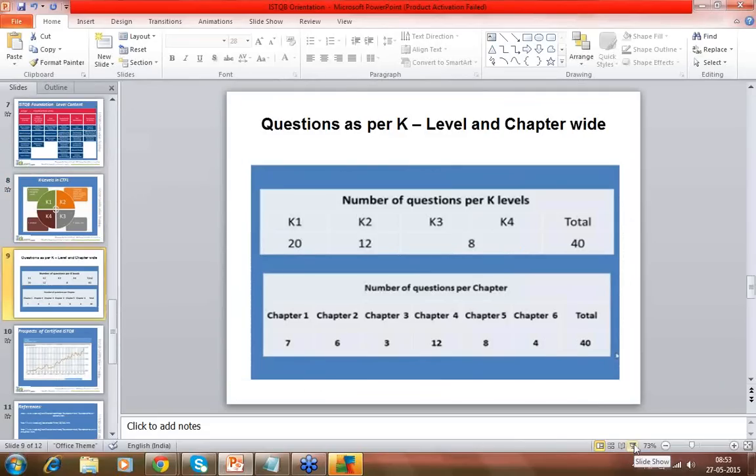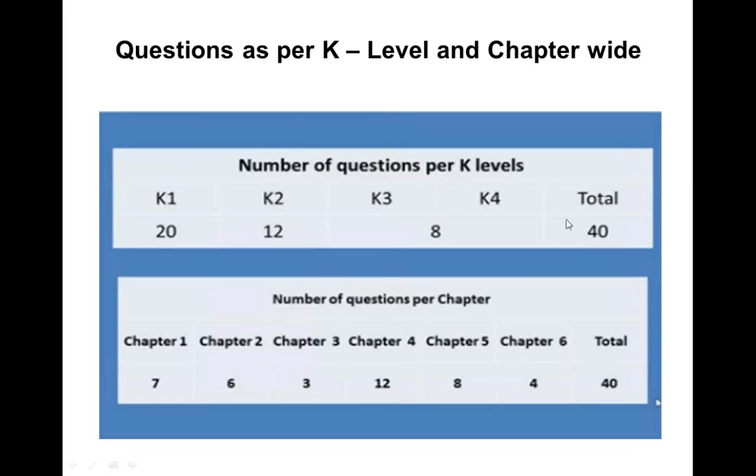Now coming to the questions, how many questions you will get at each K level. The K1, where you have to remember, recognize, and recall, you will get 20 questions. K2 is where you need to classify, categorize, and things like that. You will get 12 questions.